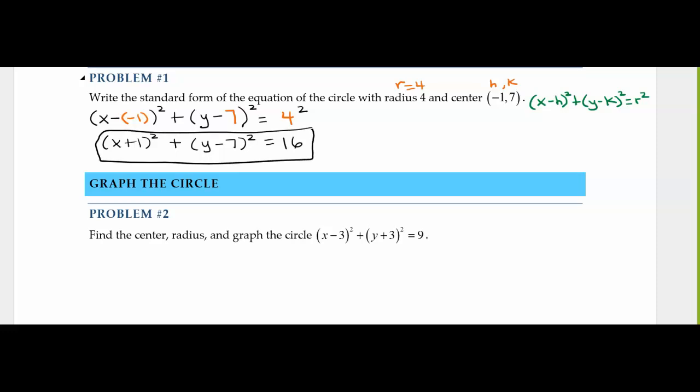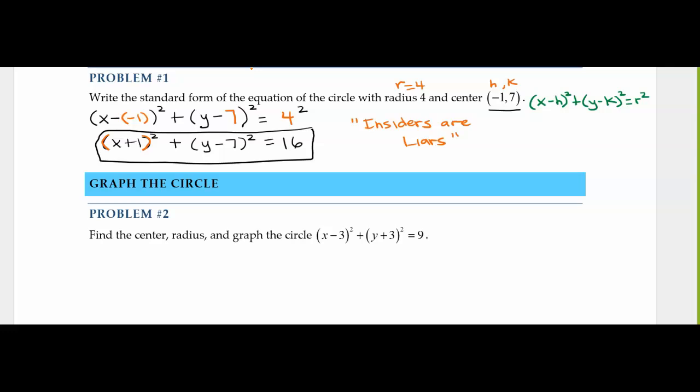Now I want you to notice something here. Our center is at (-1, 7). Remember before when I said insiders are liars? That just meant if it was inside grouping symbols like we have here, then it's not the +1 that's going to be part of our center.